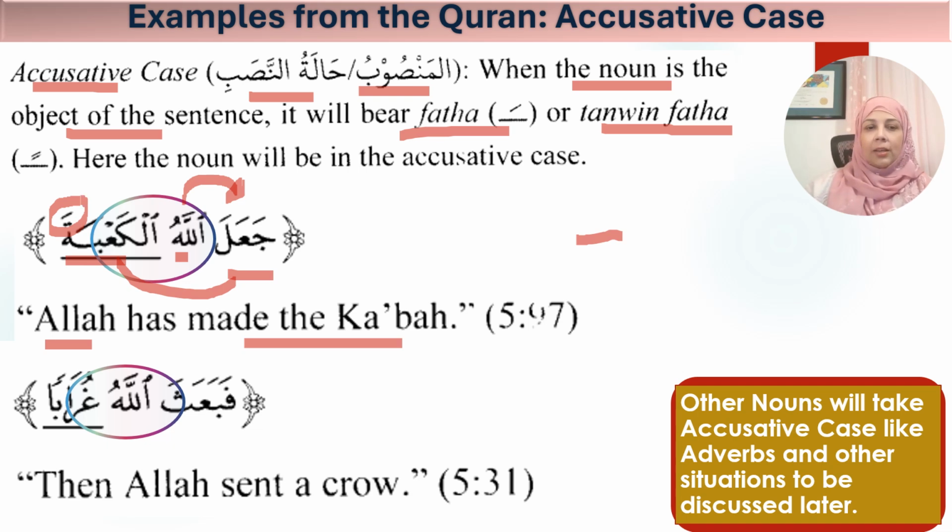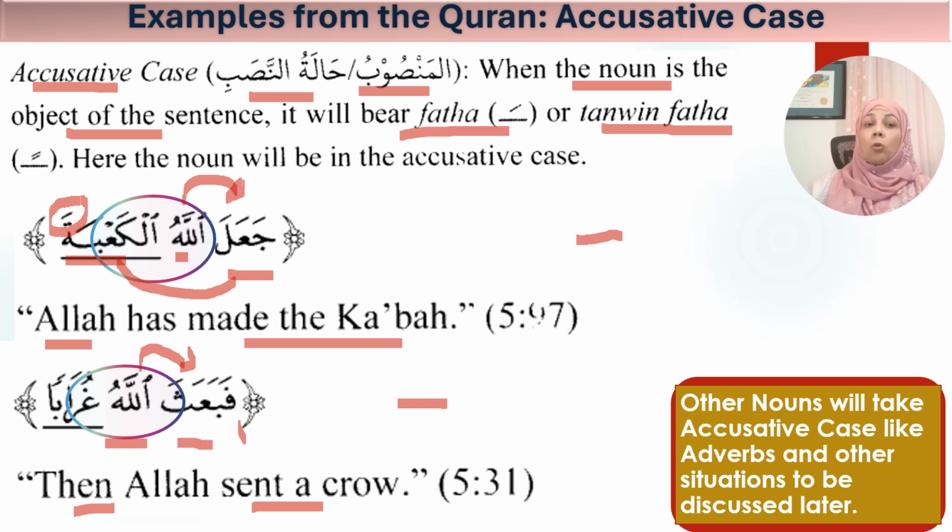Okay? And the next verse is فَبَعَثَ غُرَابًا. Then Allah sent a crow. So here fa means then. The verb is ba'tha. So Allah again is the subject of this verb and it is marfu'un. And what is the object? Allah sent what?